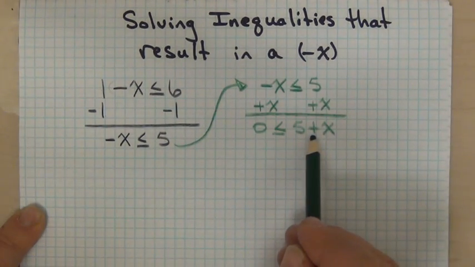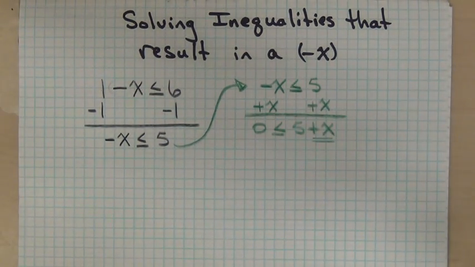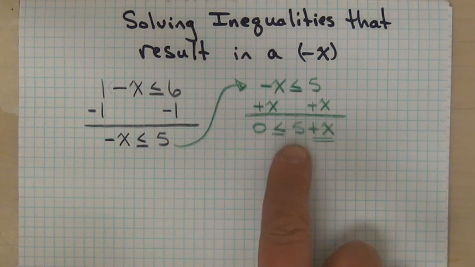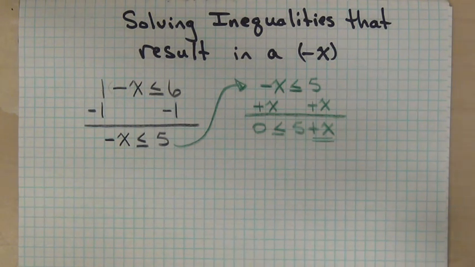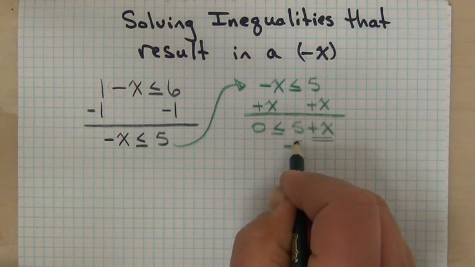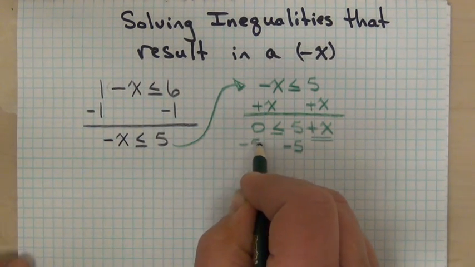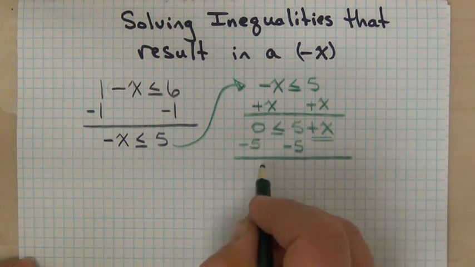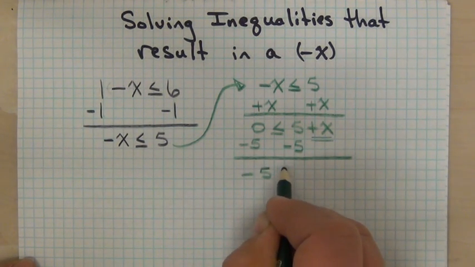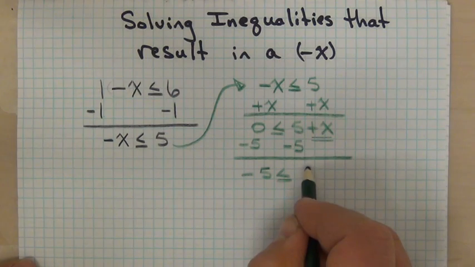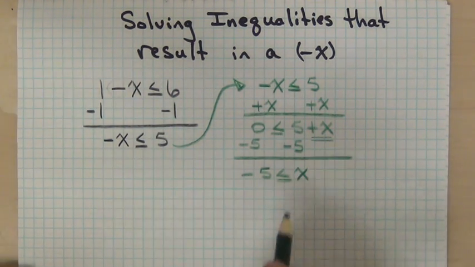So I've got my x values positive now, but now I have x values and my numbers on the same side, and I know that when I work with equations I don't want that. So I'm going to subtract 5 from both sides, and I get negative 5 is less than or equal to x.